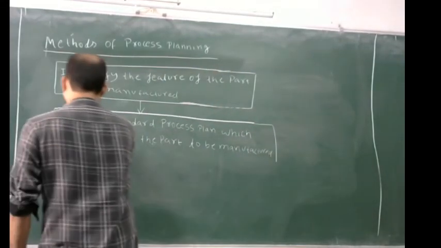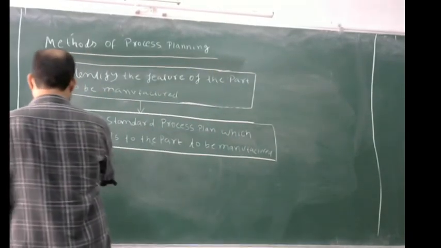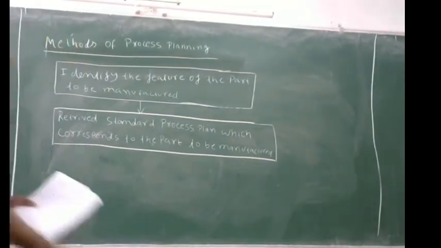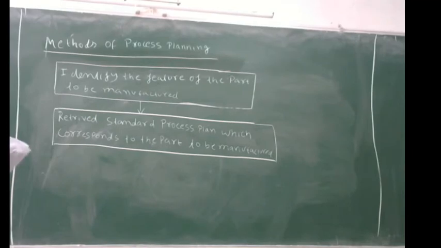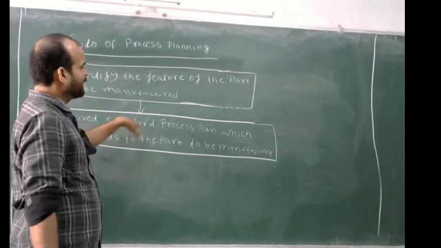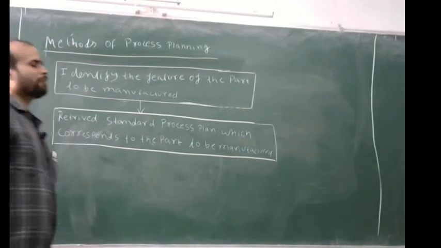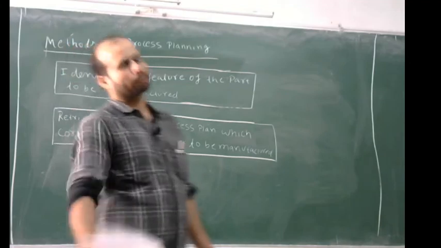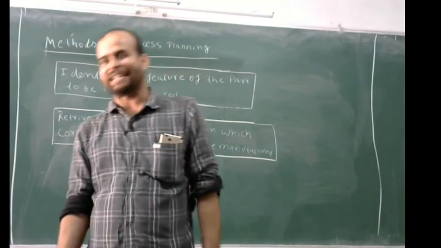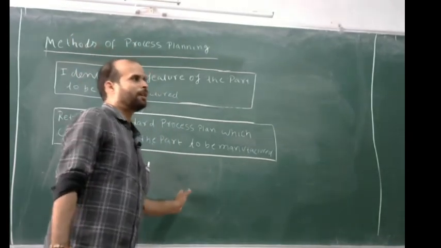Now we have to see the standard process plan which corresponds to the part to be manufactured. Means what are the different processes we are going to employ for making our product. This is our second block.